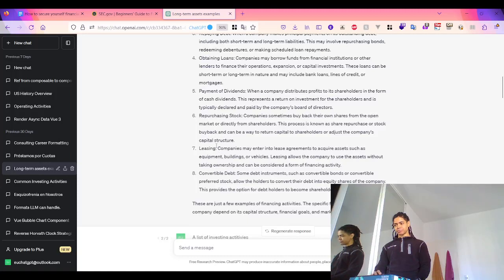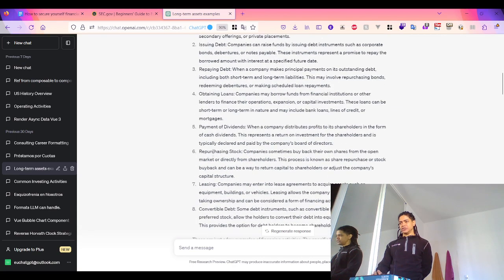Leasing is a legal agreement in which a company may use some property, equipment, or building without taking ownership. Leasing is very, very common.